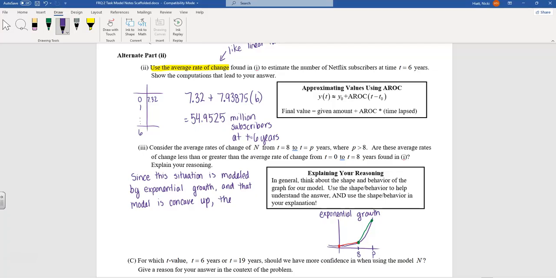They're saying, are these average rates of change less than or greater than the average rate of change from 0 to 8?